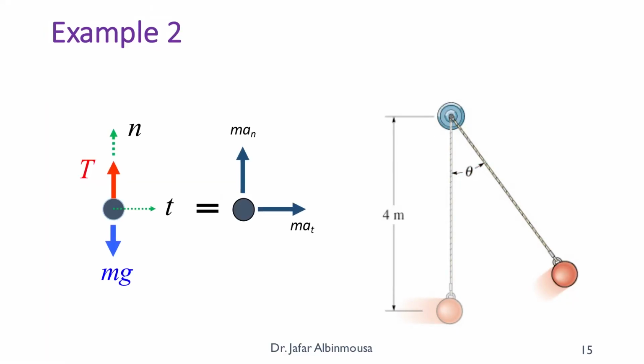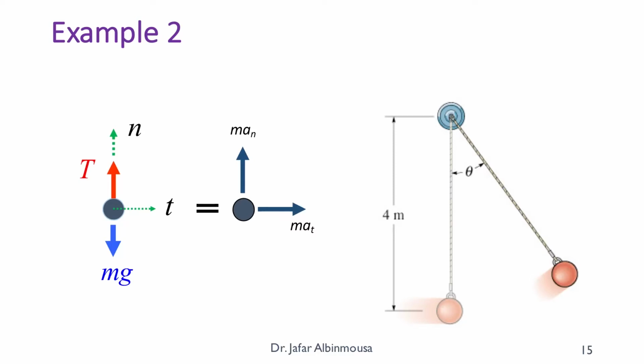Here we establish both the kinetic and the free body diagrams at the location when the ball is at this position. So what we have at this position, the weight is acting downward, the tension is acting upward, and since this is basically the center of the curvature right here, then this is the normal direction, and since the motion is moving toward this direction, this is going to be the tangential axis.